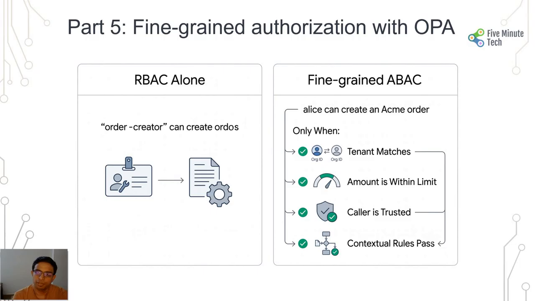Now, part 5, fine-grained authorization with OPA. Roles are useful, but they are often not enough. A role such as order creator gives us a coarse-grained starting point, but enterprise authorization usually depends on attributes and context. Which tenant does the user belong to? Is the target resource in the same tenant? What is the amount? What operation is requested?